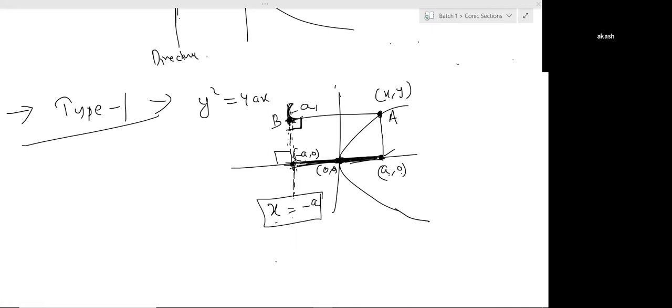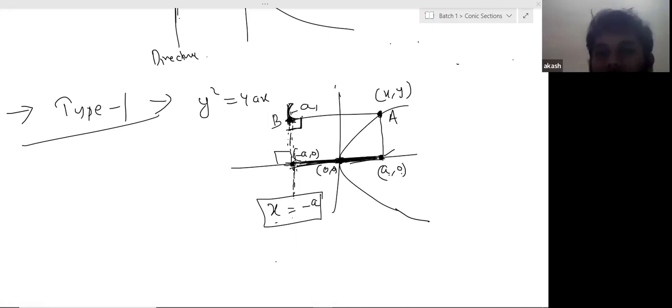All right, Shravya. See, this is x comma y, and this line is perpendicular to that. That means this has to be minus a comma y, right? y is not changing, and here x is not changing, right, Shravya?